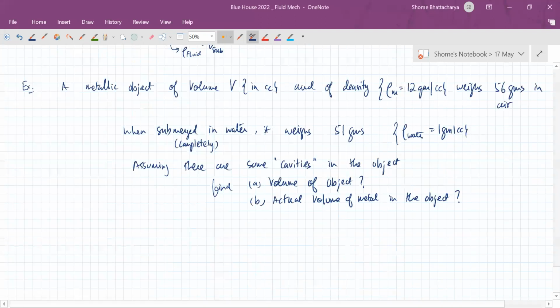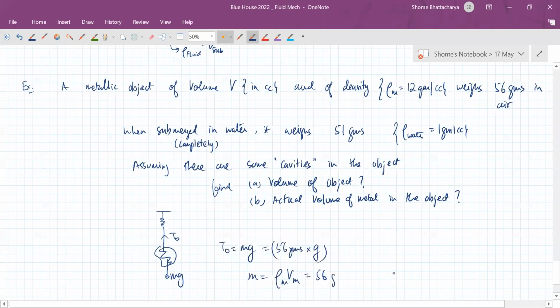Okay, so let's understand how we can solve this from this particular data that is given to us. When we weigh the object in air, let's say we are using a spring balance or something like that, the tension in the spring balance at that point of time is equal to its true weight, which according to the information should be equal to 56 grams multiplied by acceleration due to gravity. So the mass, which will be equal to the density of metal into the actual volume of metal, is equal to 56 grams.